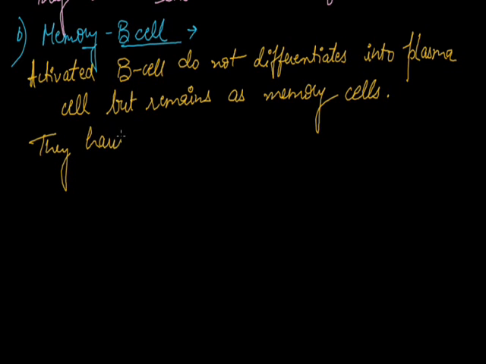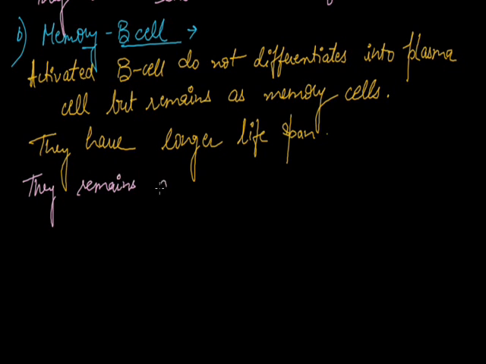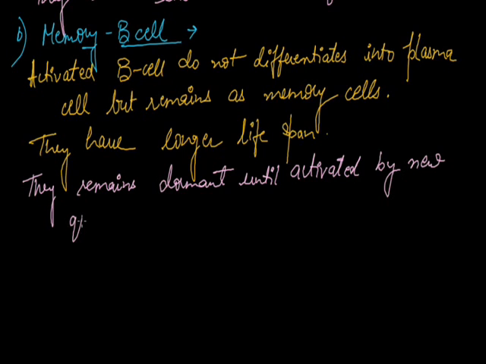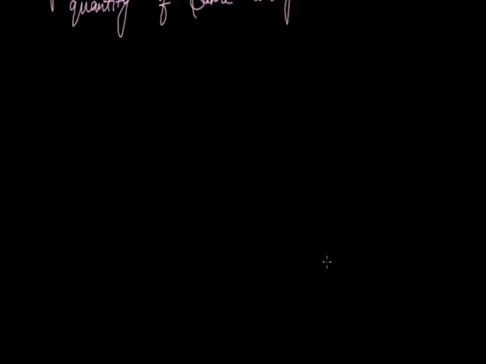They have a longer lifespan. Next important is they remain dormant, that is inactive, until activated by a new quantity of the same antigen. So these two types, effector and memory B cells, are part of humoral immunity.